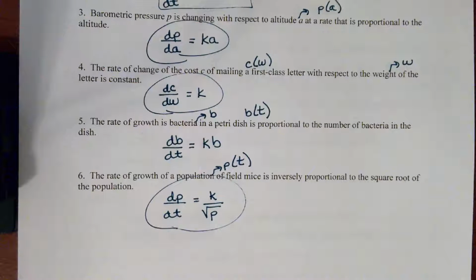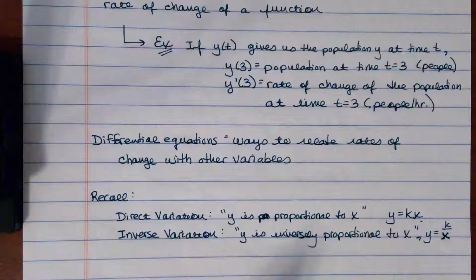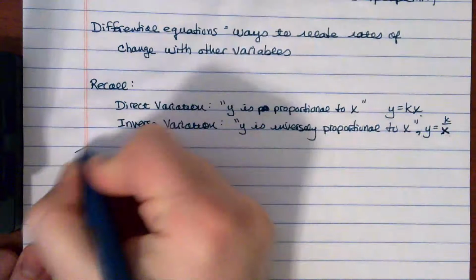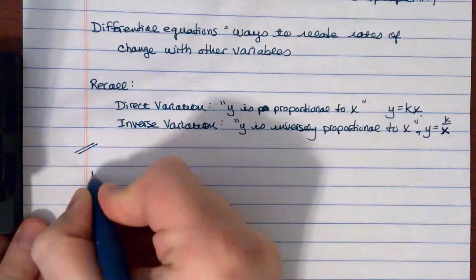So hopefully you see how we can take some ideas and create a differential equation to study them. Now our focus is going to turn to, well, how can we solve those differential equations and actually learn more about the population and all of that stuff. Back in your notes, the first differential equation that we're going to take a look at tomorrow is the differential equation for the following.